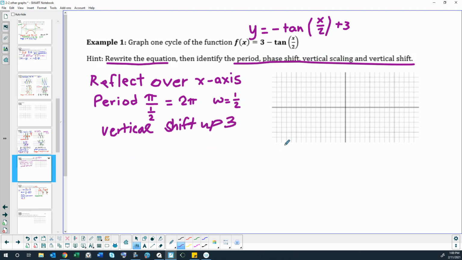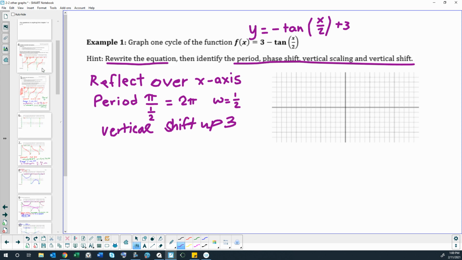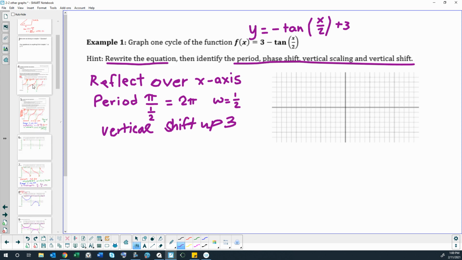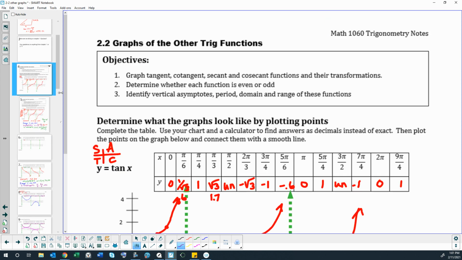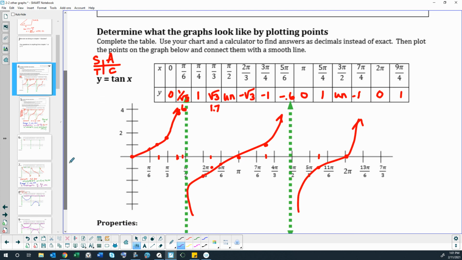Okay, and before we get going too far on this, I feel like I want to think about the asymptotes really fast. So I don't know if I'm a little tired today or if it's just because I don't do tangent every day and I forget things, but tangent's asymptotes are pi halves and 3 pi halves.